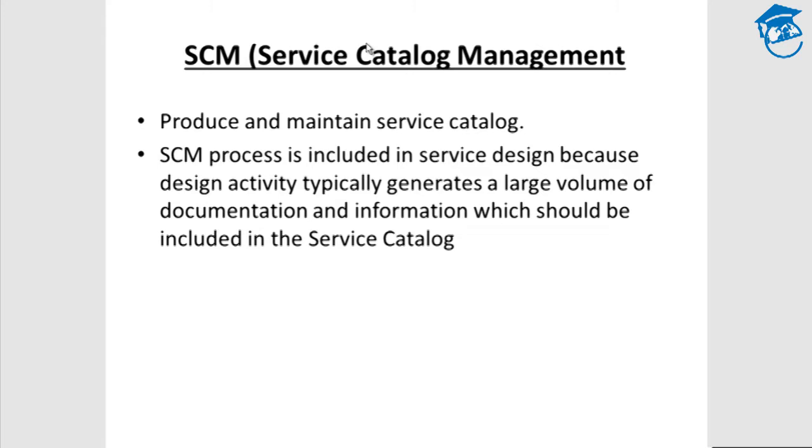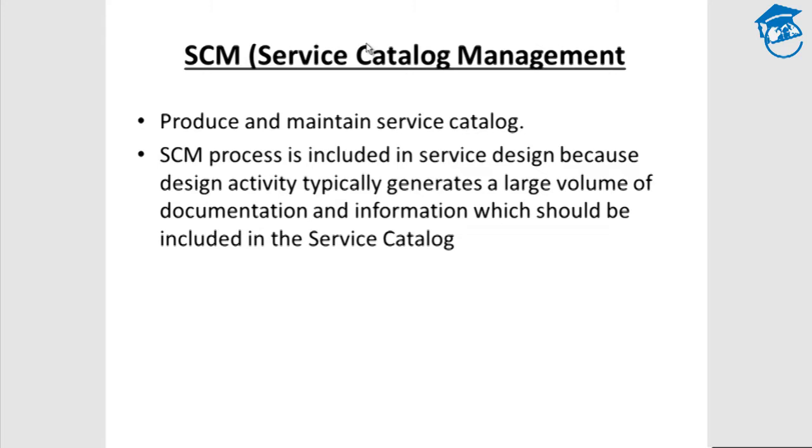The three types of services were there in the service portfolio: the services which are in the pipeline, the current services, and the retired services. Now we are studying service catalog management, which is entirely based on the current services that a service provider is offering to the customers.